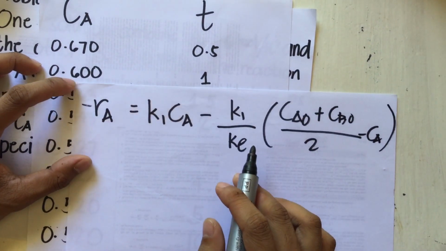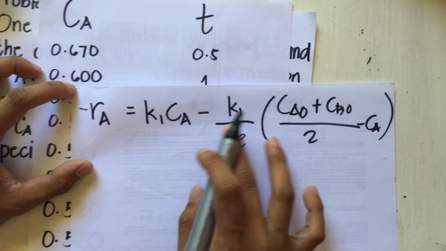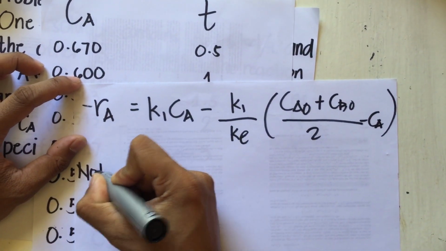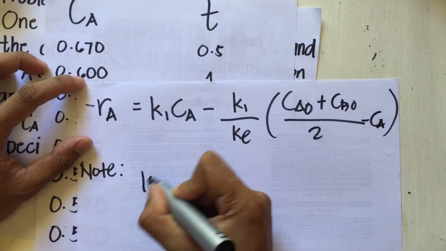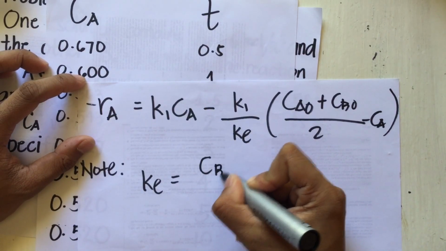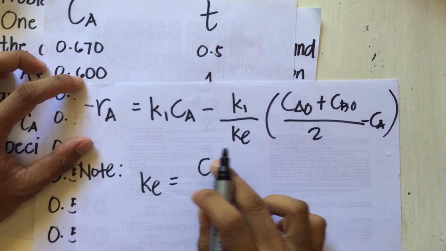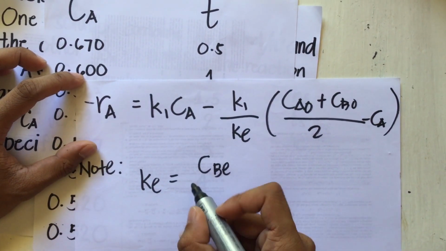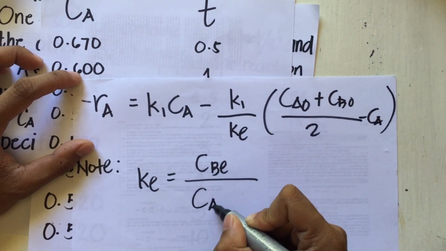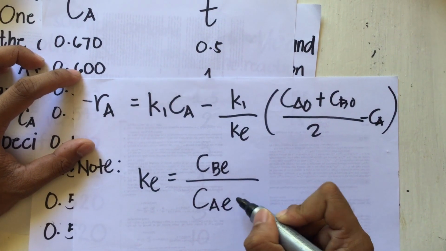Now, we need to find the value of this KE. Note that KE is also equal to CBE, the concentration of product B at equilibrium, divided by the concentration of reactant A at equilibrium.